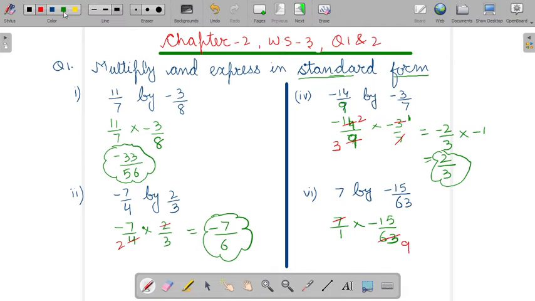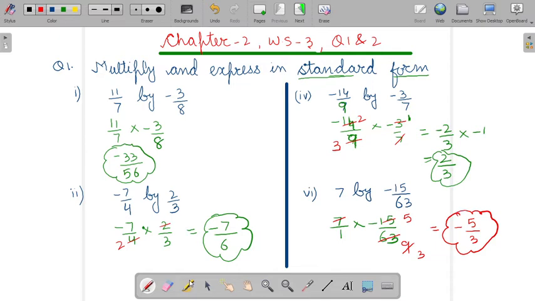So 7 and 9 remain. Now can we cancel further? Yes, we can. This 9 and 15 go with 3. So 3 and 5. So the answer would be minus 5 by 3. So this would be the answer.